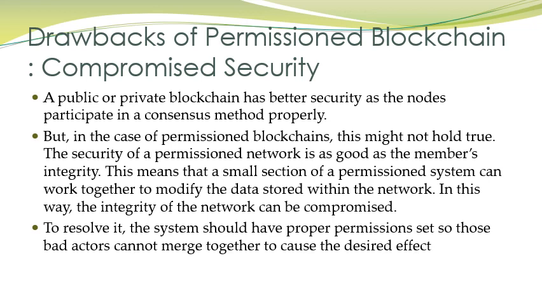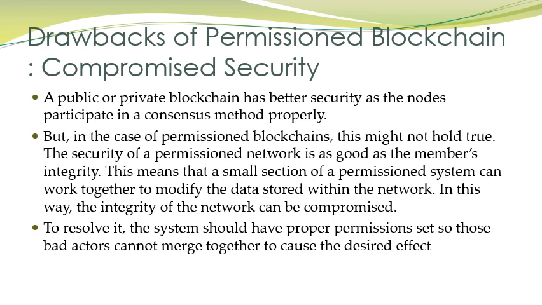The security of a permission network is as good as the members' integrity. The security depends on the integrity of the nodes, because there are only a few nodes controlling the permission blockchain, and if these nodes misbehave, they may create problems.